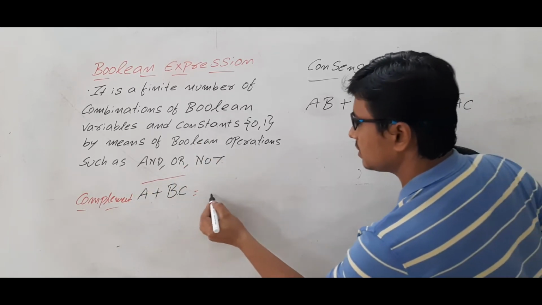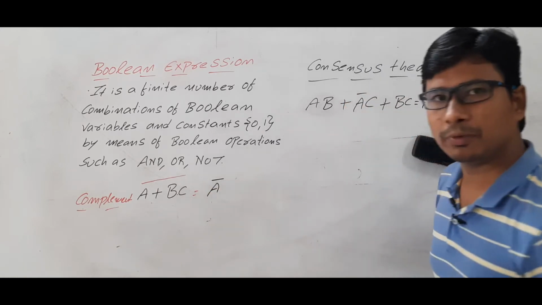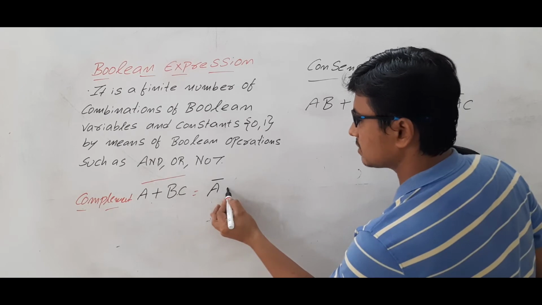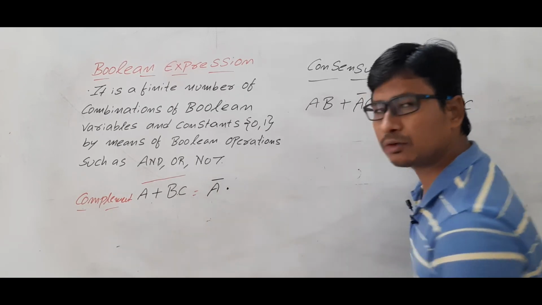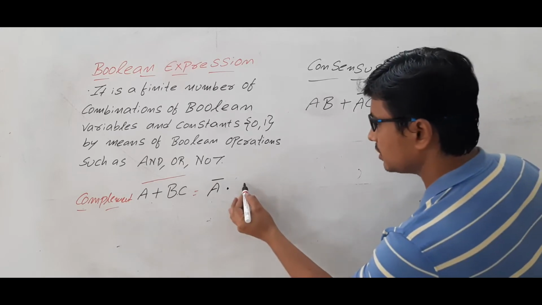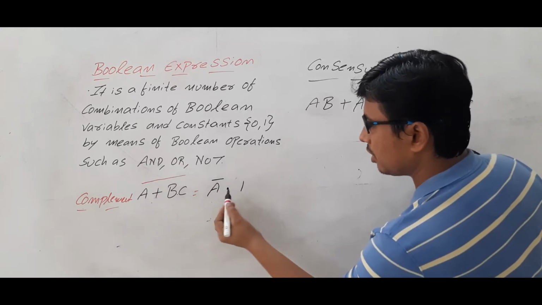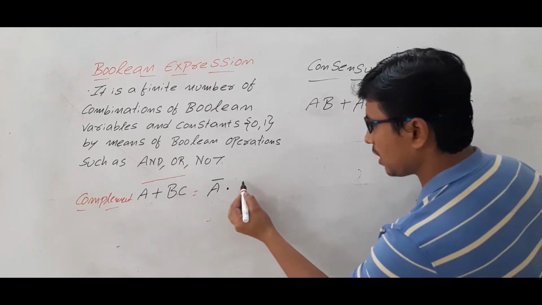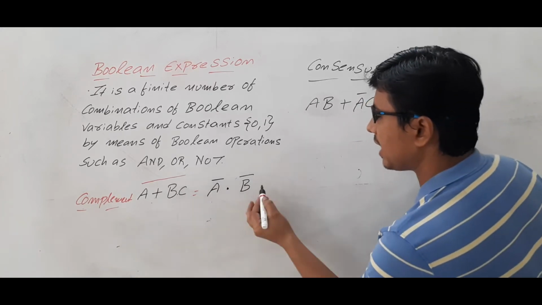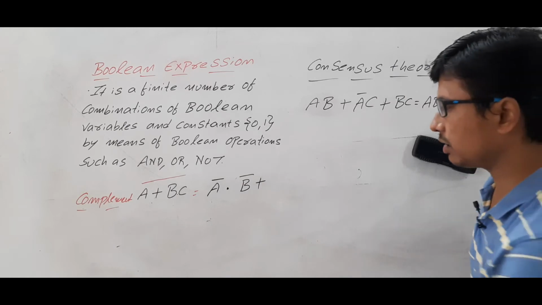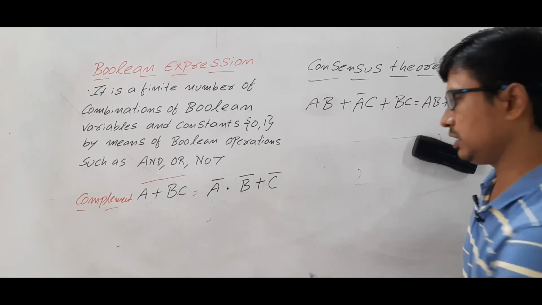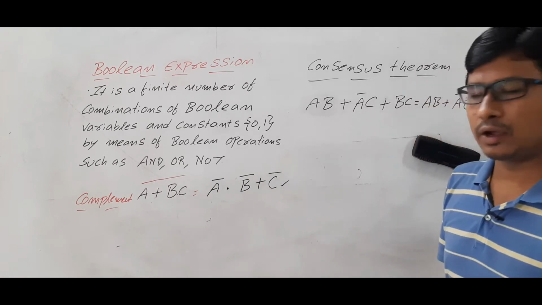If you have a plus, meaning OR, it is converted into AND. You have a B, which will be B's complement. You have an AND, it will become an OR, and you have a C, it will be converted to C complement. I hope you have understood.